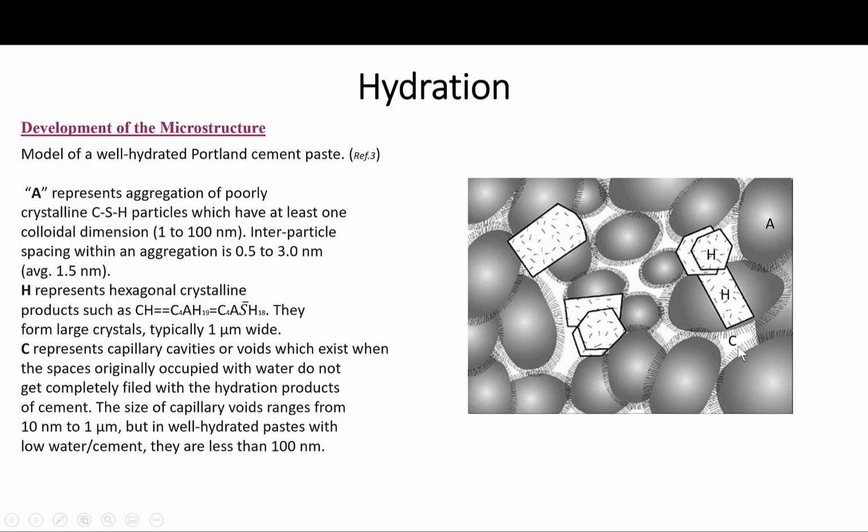The C here represents the capillary cavities or voids which exist when the spaces originally occupied with water do not get completely filled with the hydration products of the cement. The size of the capillary voids ranges from 10 nanometers to 1 micrometer, but in well-hydrated pastes with low water cement ratio, they are less than 100 nanometers.